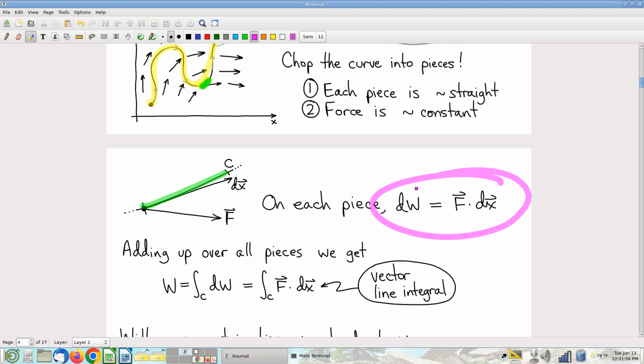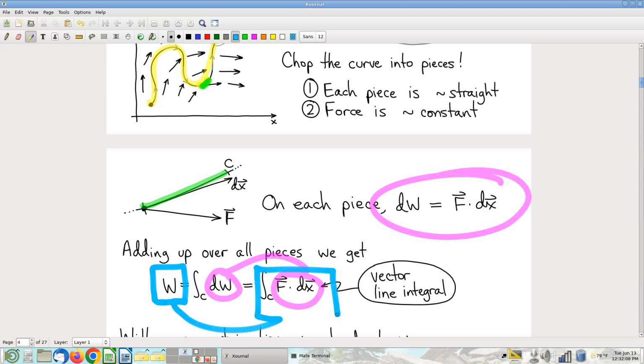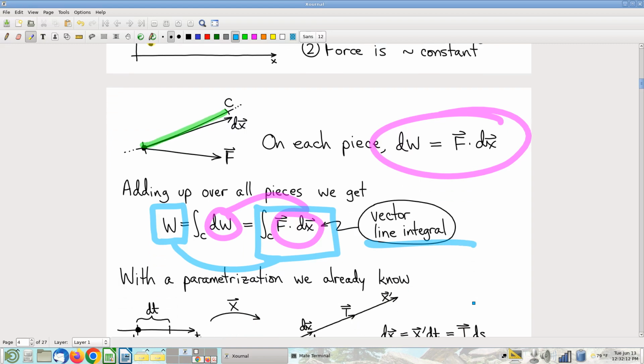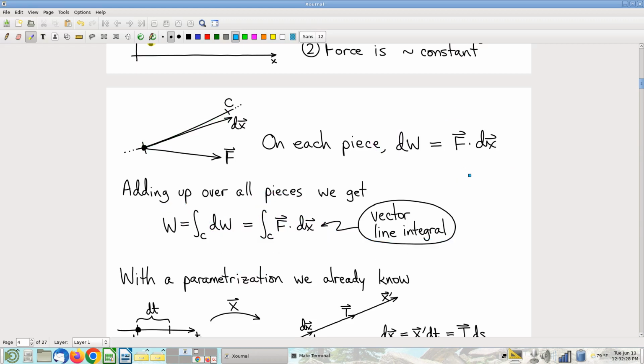Well, work equals force dot displacement, and that gives us a fundamentally different kind of answer. This thing called work is computed with a vector line integral. This is intrinsically different from the scalar line integral that we saw before. The differential is a vector, for crying out loud. The integrand is a vector. So very different thing. And this is where we ran out of time last time.